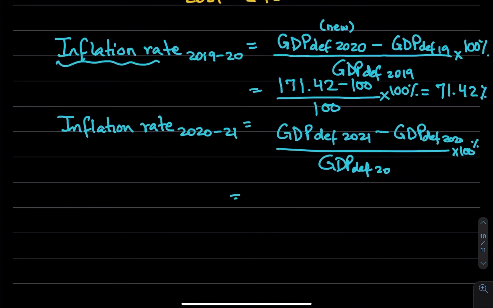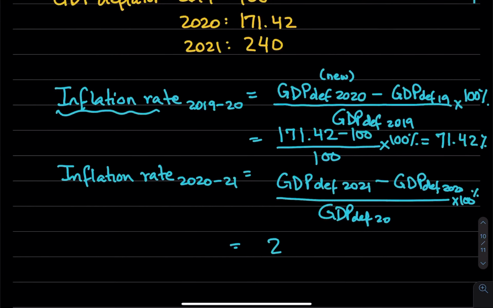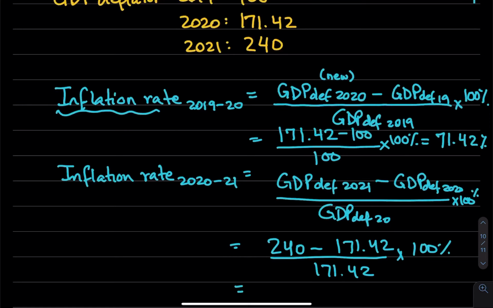So when you compute these values, this is going to be 240 minus 171.42 divided by 171.42 times 100%, which is equal to 40%, okay?